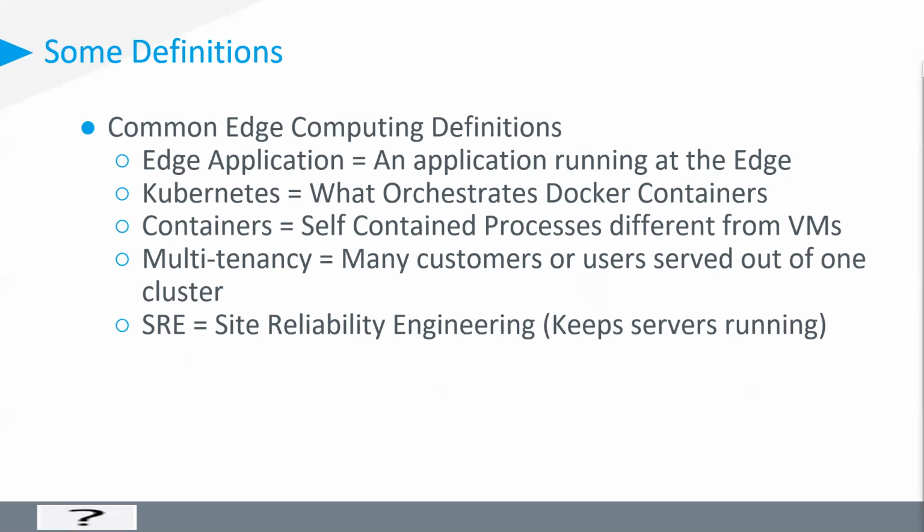And containers themselves are self-contained processes, right? The idea is that you could take a server running Linux or Windows and break it down into multiple slices of compute without having to do VMs. Of course, you can run containers on VMs as well, but that's another use case too. But a container by itself does not need a VM to run.